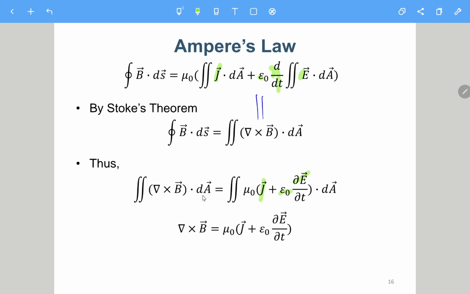And of course we still have a mu naught here. So we put all the things inside the double integral. Like this, these two surface integrals are the same, so the integrands should also be the same. So we have the curl of B equals mu naught J plus epsilon naught partial E partial t. So this is the differential form of Ampere's law.